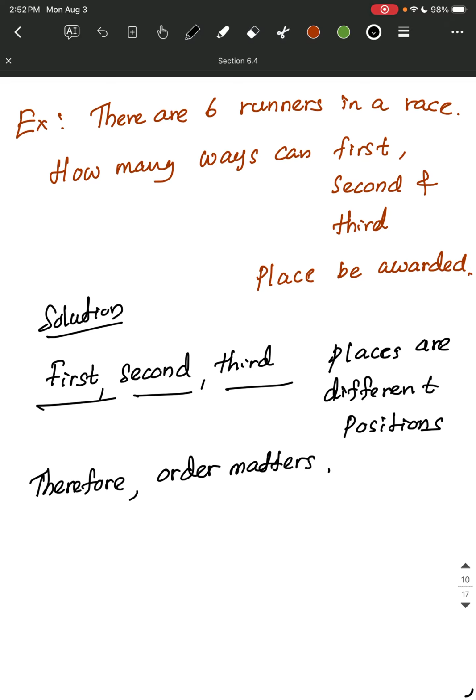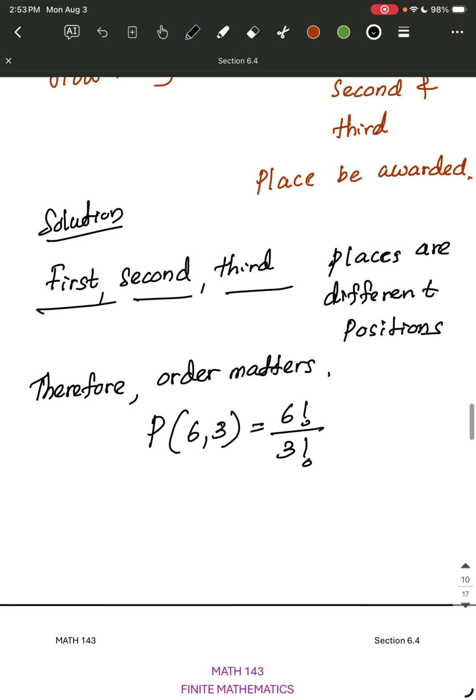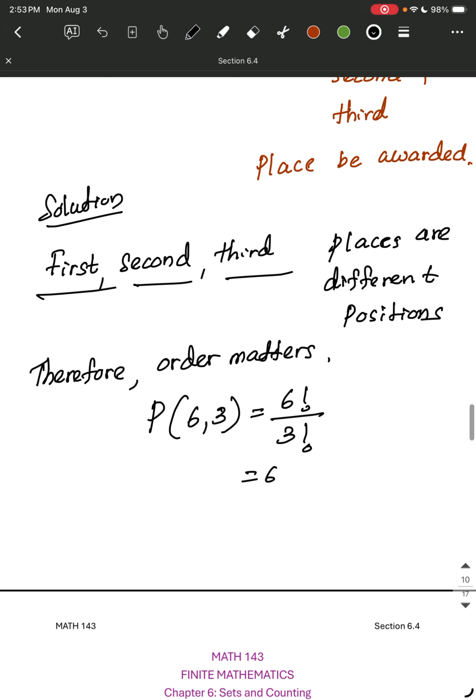Permutation out of 6 distinct objects, select 3. 6 P 3 is 6 times 5 times 4. Therefore, 120 different finishing orders are possible.